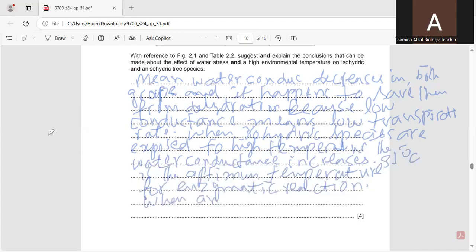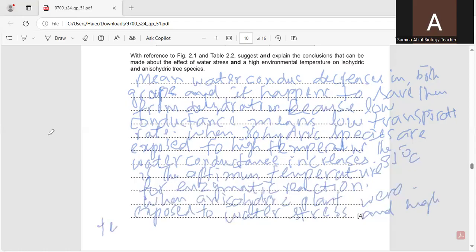When an isohydric plant species was exposed to water stress and high temperature, the results show no change in conductance.